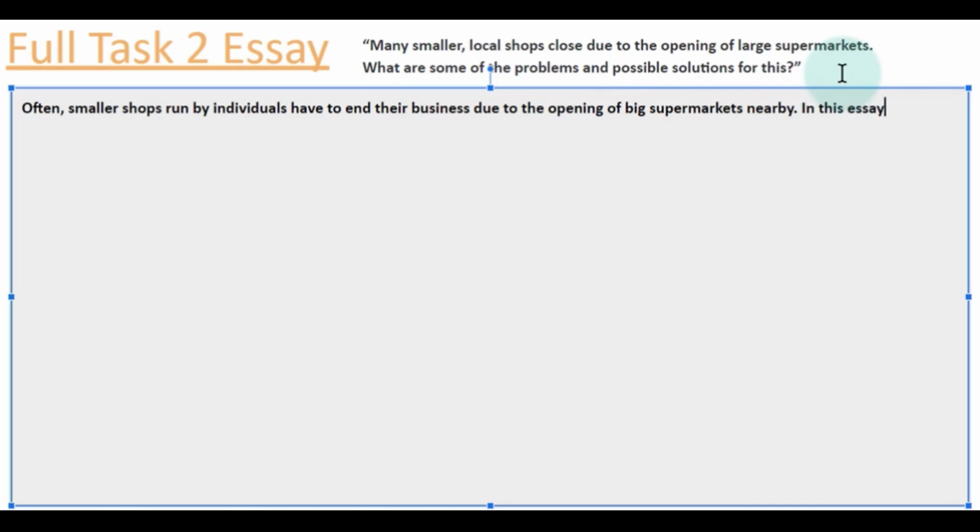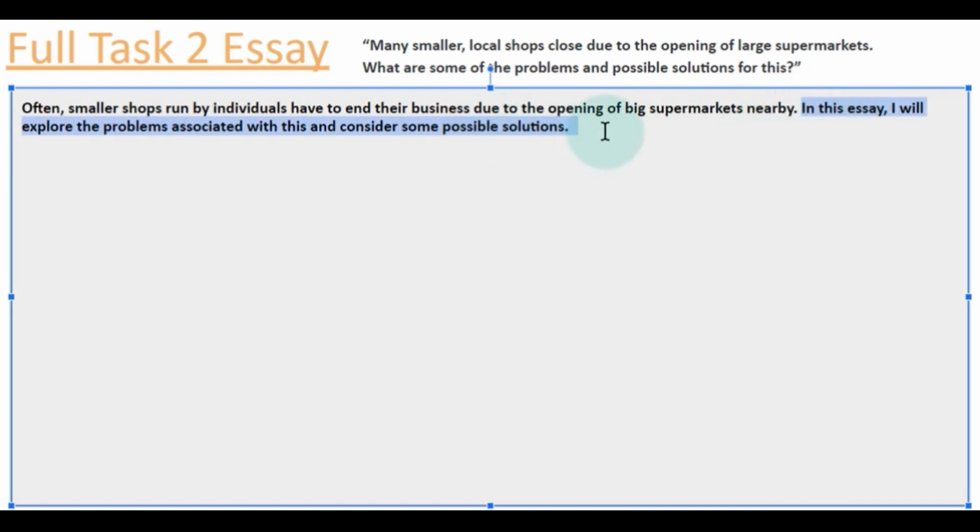In this essay, I will explore the problems associated with this and consider some possible solutions. Once again, if you come across a problem solution question, you can pretty much just copy this exactly letter to letter. Okay, firstly, I'm not going to say both 2 problems.